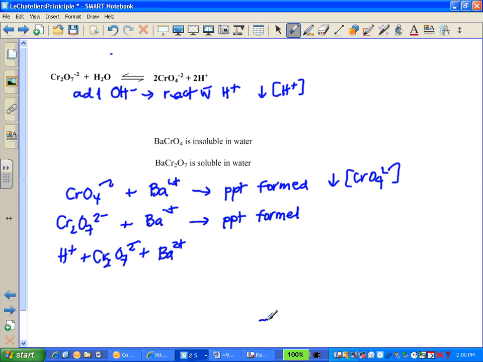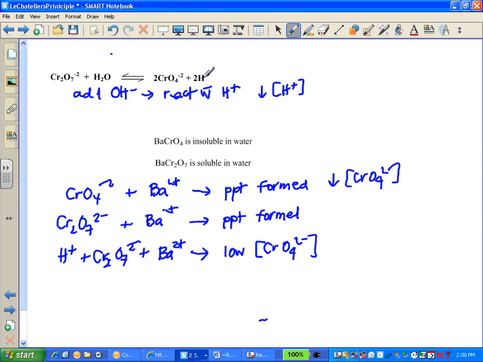So we're forcing the equilibrium left, so we have a very low concentration of the CrO4 2-. And it's so low that when we add the barium, virtually no precipitate is seen.